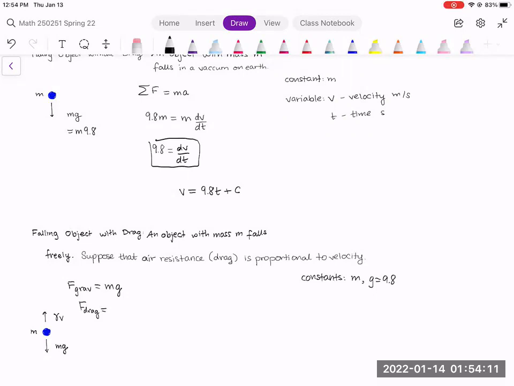We said this was proportional to velocity, but it's going the opposite way. So we're going to use gamma as our constant, a positive constant, and we'll put a negative sign out front to say we're opposing velocity.